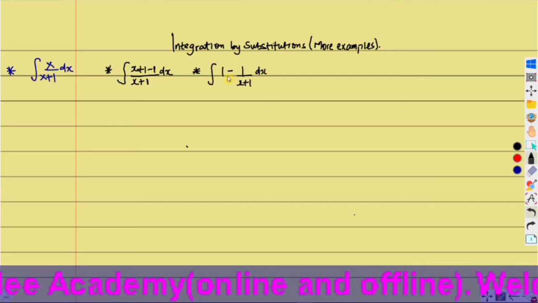If you do this in your normal primary school evaluation, going by LCM, the LCM is x plus 1, then 1 times x plus 1, then x plus 1 minus 1. So this expression is the same thing as this. I just did this over this 1, and took the remaining 1 over x plus 1 with a minus. So I just redefined it because it's now very easy for me to integrate.